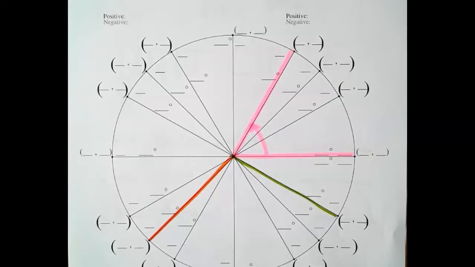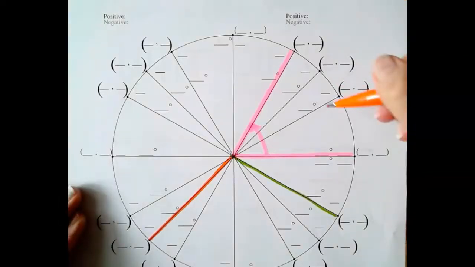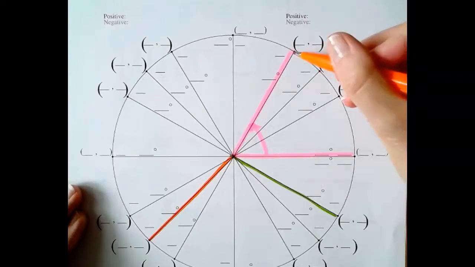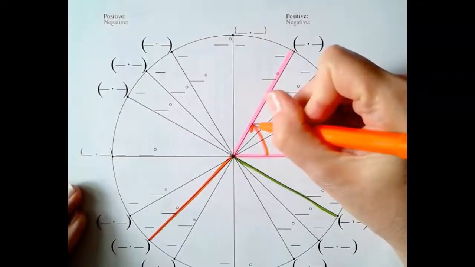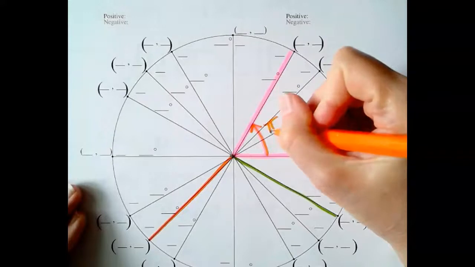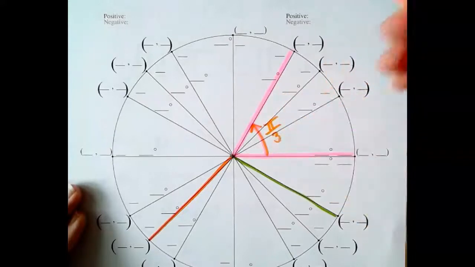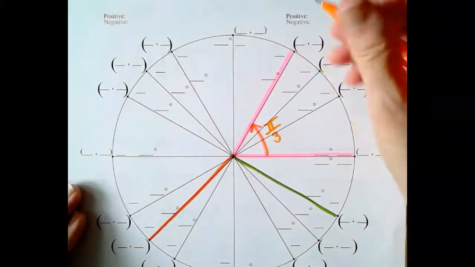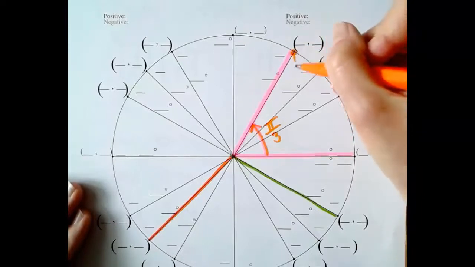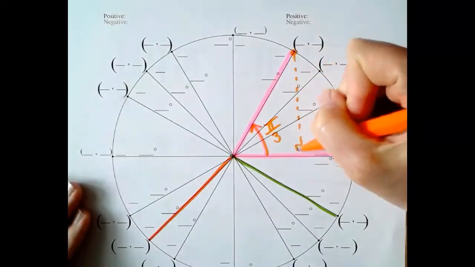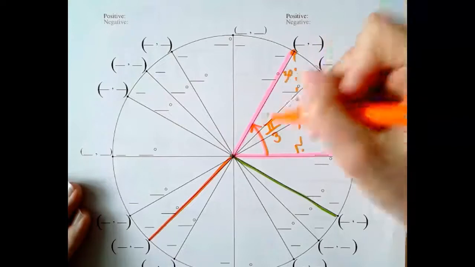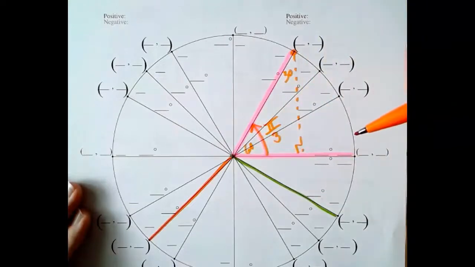So first thing I've got is our pink rotation here, and let's think about this. If we're using our unit circle, this is 30, this is 45, this is 60. So we have pi over 3, or 60-degree rotation, and if we drop the altitude down, we create a 30-60-90 triangle.